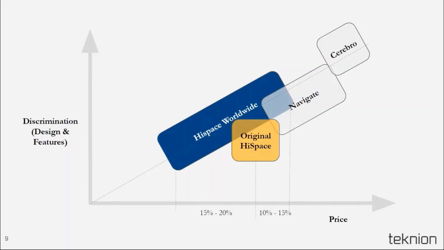If you were to compare original hiSpace with a dialed down version of hiSpace Worldwide, we can achieve about a 15 or 20% price reduction to the customer. If you were to dial it up, it goes up between 10 and 15%.